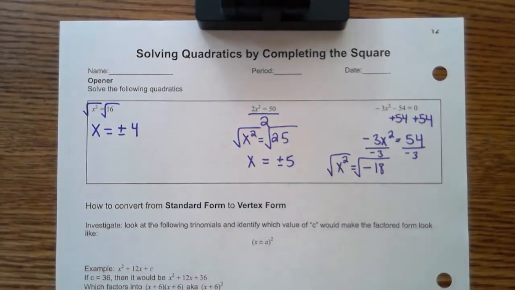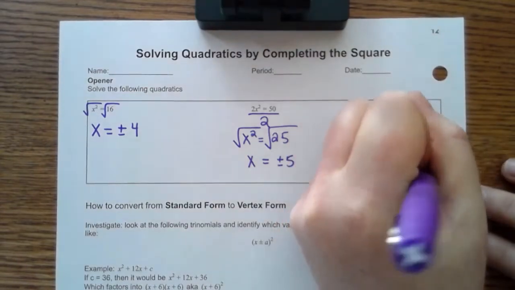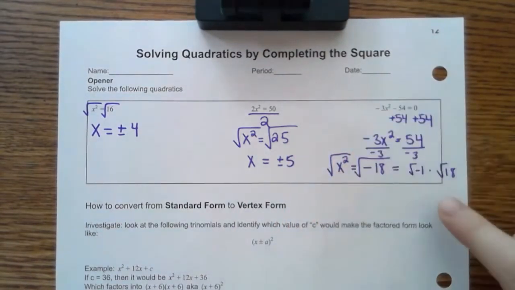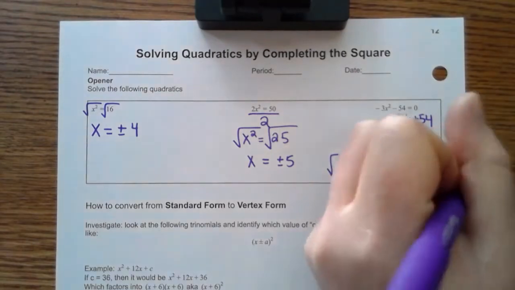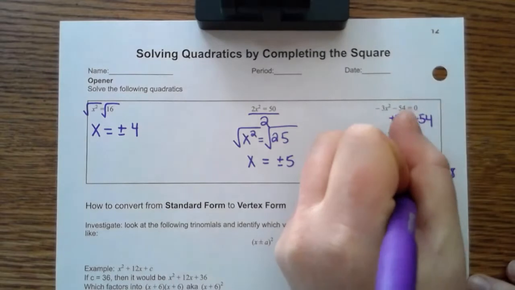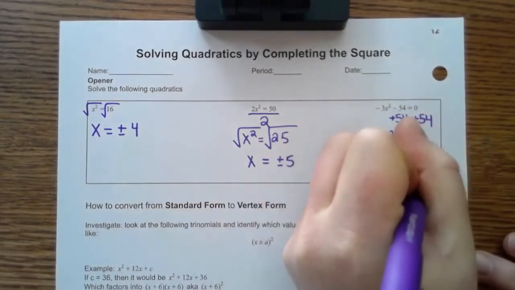But actually, just to review, we know that the square root of negative 1 is i. So I can break this up like this. So I know the square root of negative 1 is i, so that's just going to stay on the outside. And then the square root of 18 is 3 root 2. So my final answer is 3i root 2, and because I took a square root, I get a plus or minus.